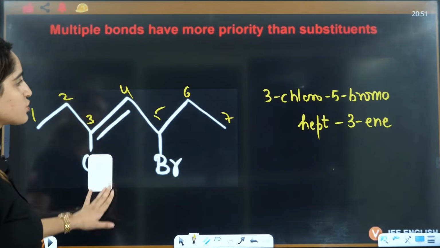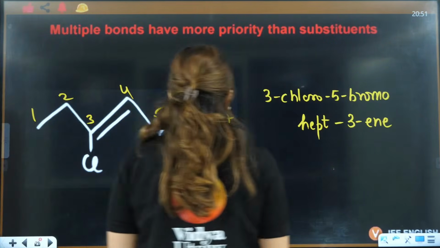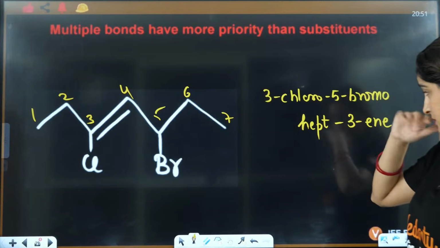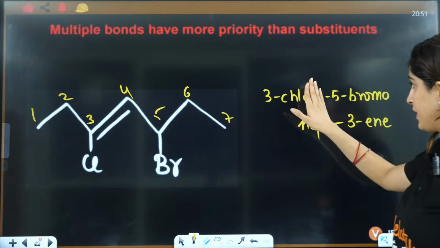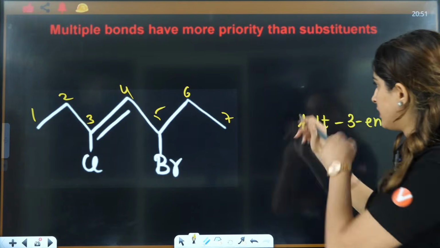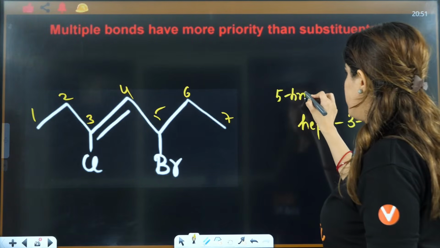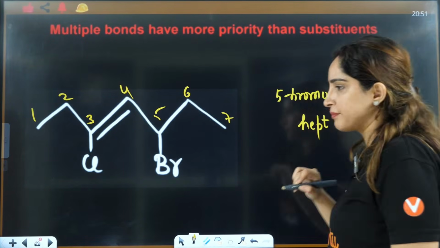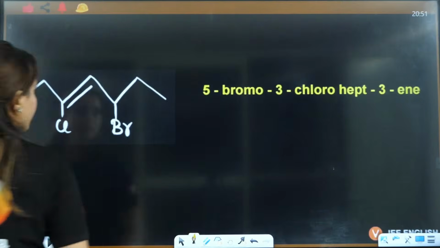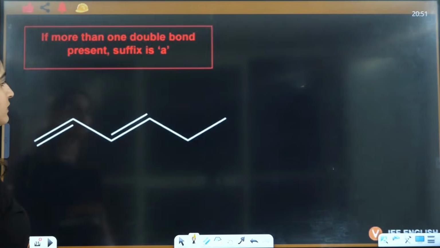Acha, this also you should see. I forgot. Yes, you can write this way, but because B is alphabetical order, it will be written before. So it will be 5 bromo, 3 chloro, hept 3 ene. That will be the answer.